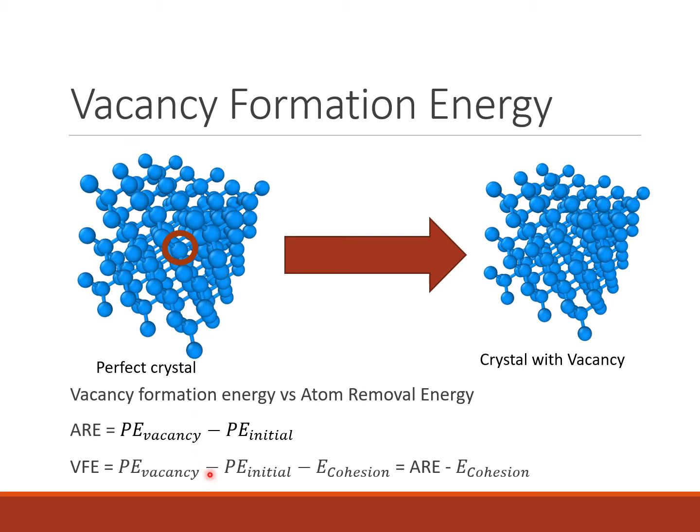However, vacancy formation energy takes into account the energy of the atom, as it has not simply disappeared, but rather moves to someplace new. And so vacancy formation energy has this term, the energy of cohesion, which looks at where that atom goes. It looks to see what the new energy for that atom is.